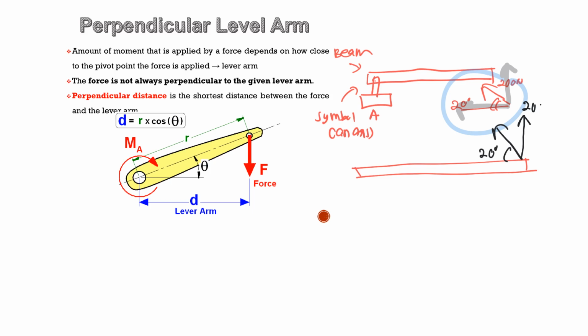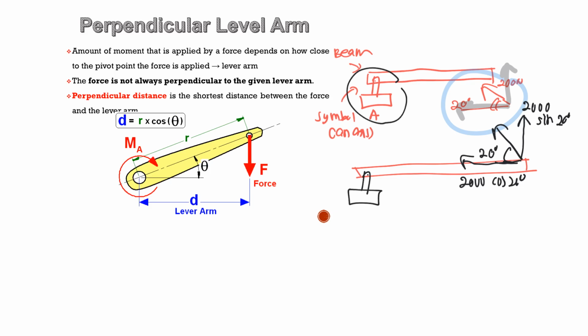So here it is going to be 200 sin 20 degrees. Why does it become sine? Because the angle touches the x-axis. And then you have another one, which is 200 cos 20 degrees. When it comes to your hinge, I put it here.